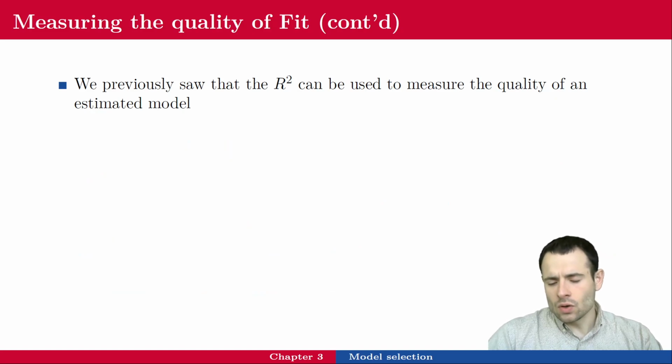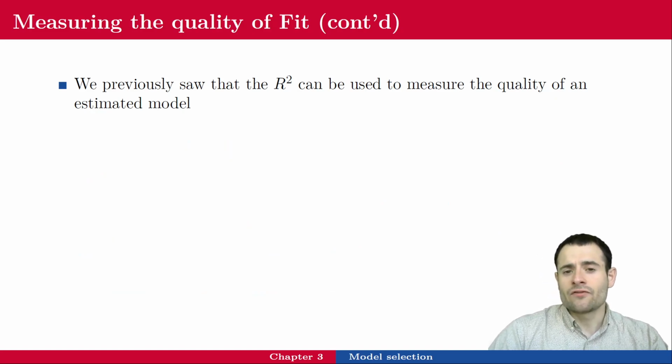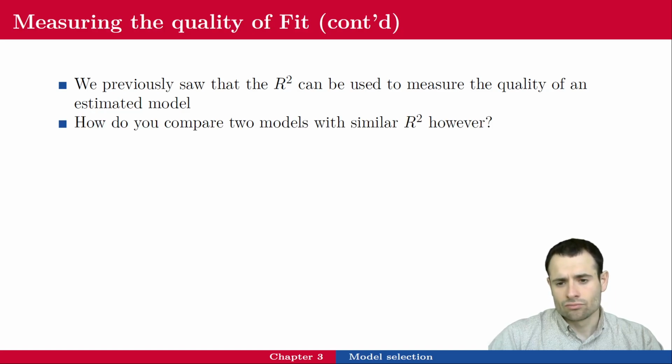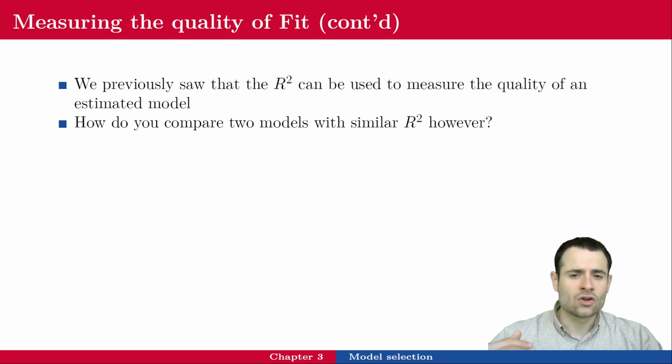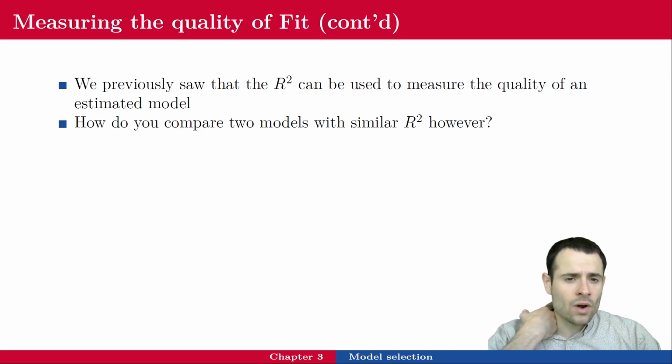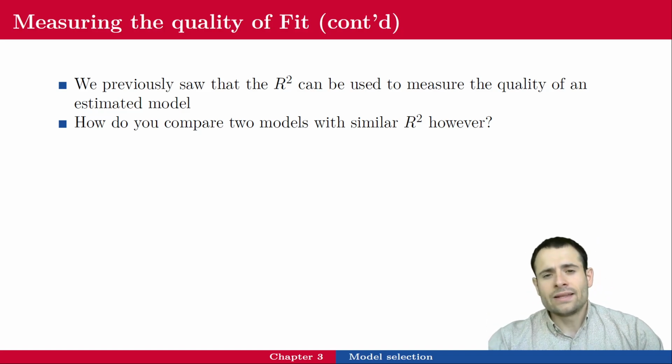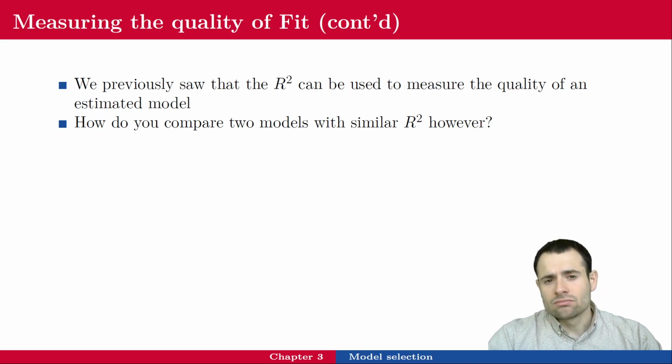So let's go over the quality of fit. We previously saw that the R-squared can be used to measure the quality of an estimated model. Now, what do you do if you have two different models with different variables? One has an R-squared of 0.8 and the other one has an R-squared of 0.81. At this stage, the R-squared is very good.